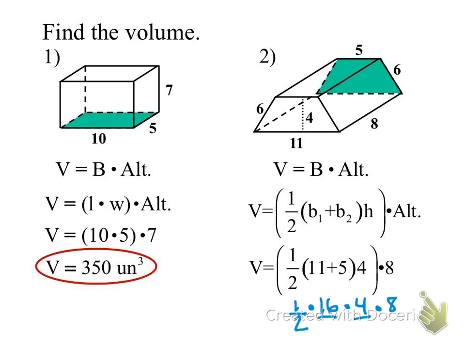Now I can put them all over 1, and then we can cross cancel. I'm left with 8, and 8 times 4 is 32, times 8 is 256 cubic units.